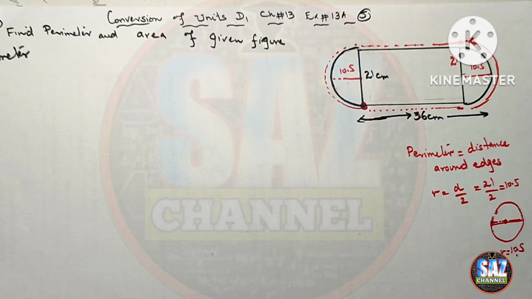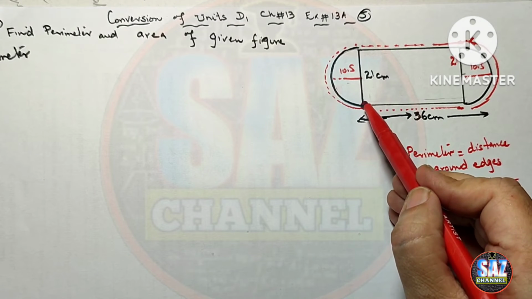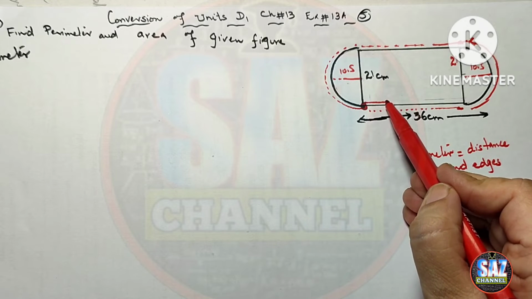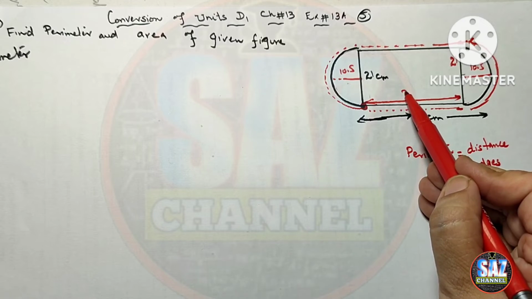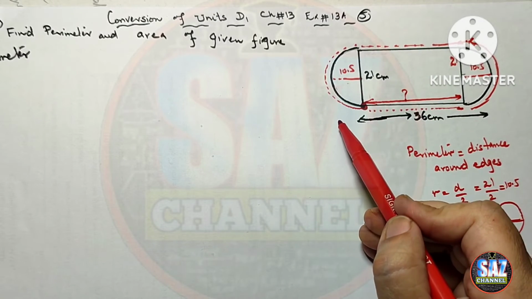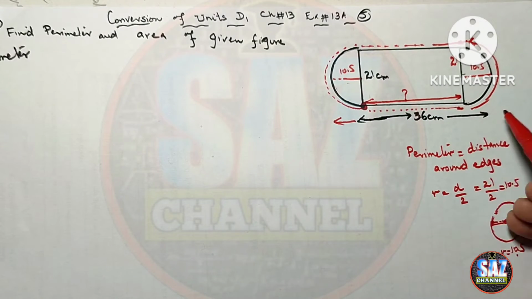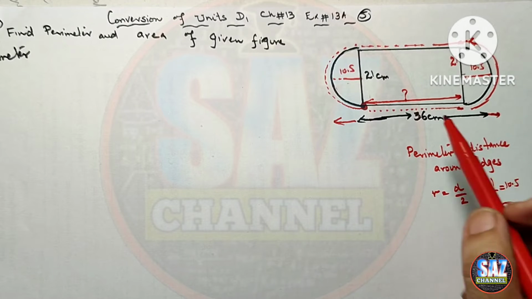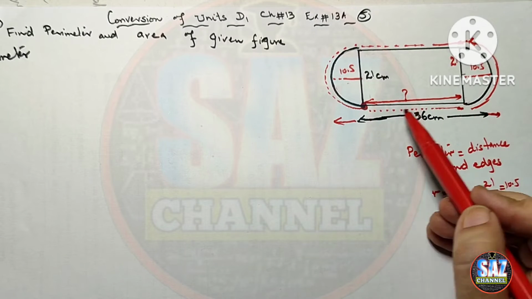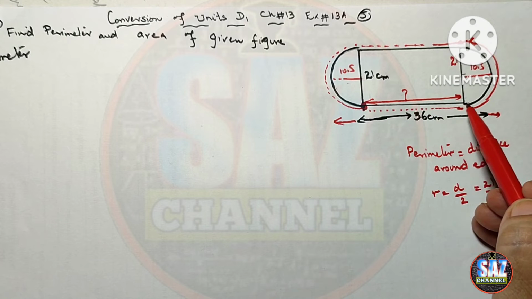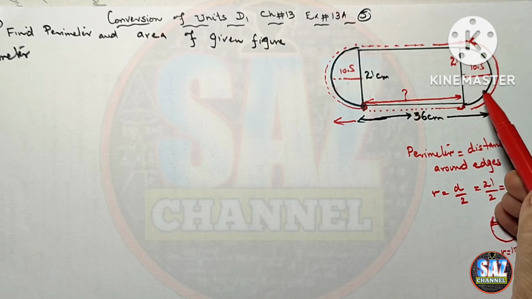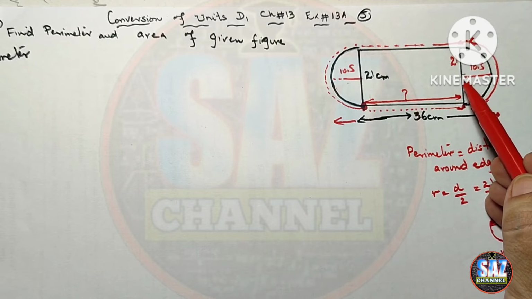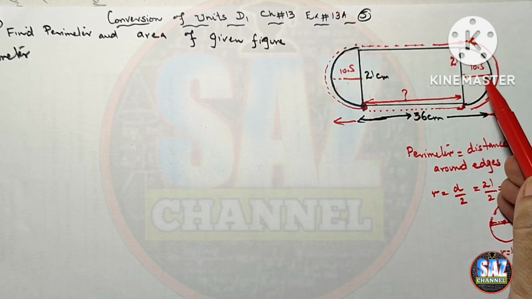Now the second problem is that I have to think about what will be the length of this line segment. This is also important to understand. Now look, this total length is 36. Out of 36, when I start the movement from this point and stop at this point, from this point I have to take the circular movement, and the radius of that is 10.5.